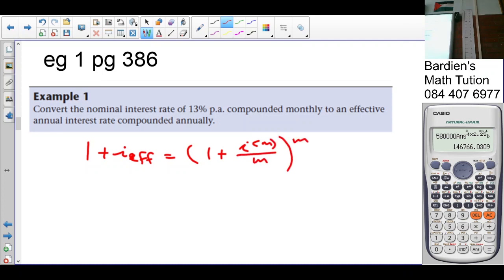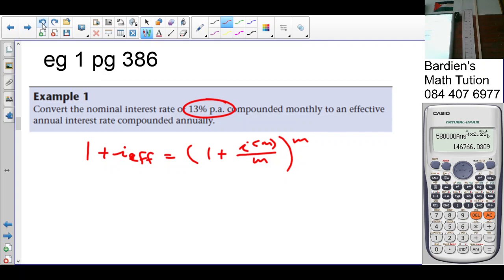If you look at this 13% per annum, is it I effective or I to the m? The question says convert a nominal interest rate, so it has to be nominal.